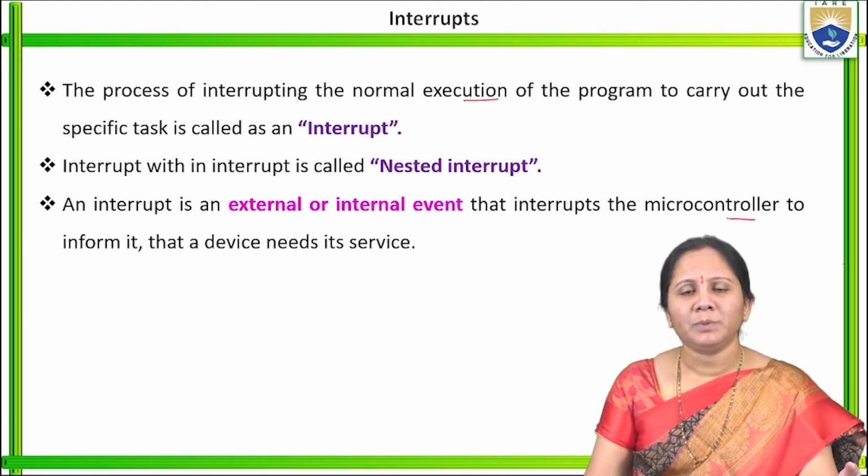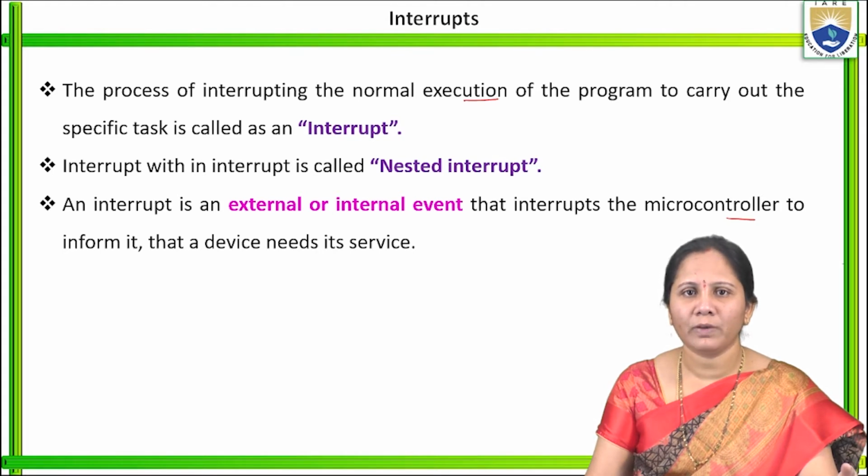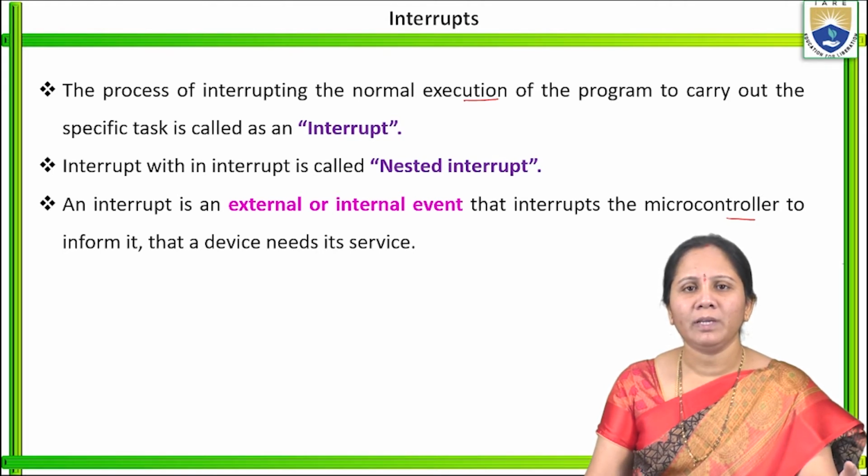An external interrupt is provided by the external devices connected through the external pins of the 8051 microcontroller. It may be INT0 or INT1. An internal event may be due to some special instructions that we have used in the program.